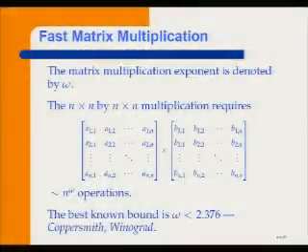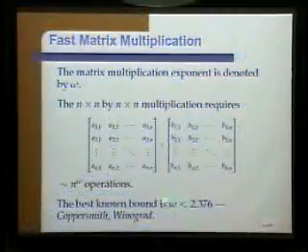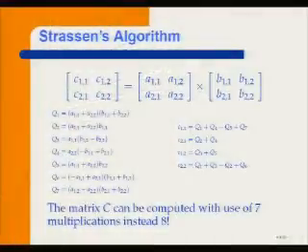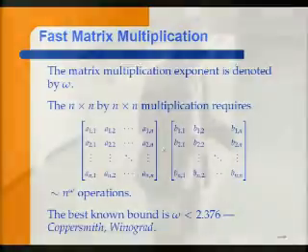And you can go much further. We denote by omega the matrix multiplication exponent, and currently it's known that omega is smaller than 2.376, which is a huge difference from the n cubed we had in the beginning. The idea behind this algorithm is similar to the Strassen algorithm: you divide into some blocks, do some really smart things, and you get this exponent.